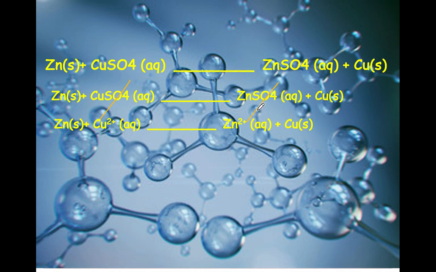Gives the zinc, here it is a radical carrying 2 positives, the oxidation number is 2 positive, and it is in the aqueous state, plus copper, which is in the solid state. This is the final ionic equation. Actually, the reactants' radicals changed into another state in the product.